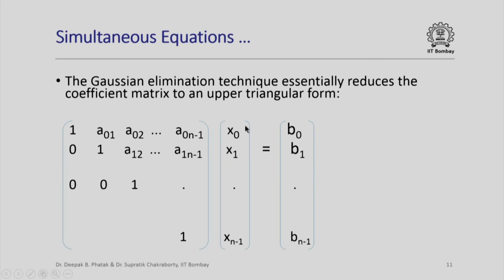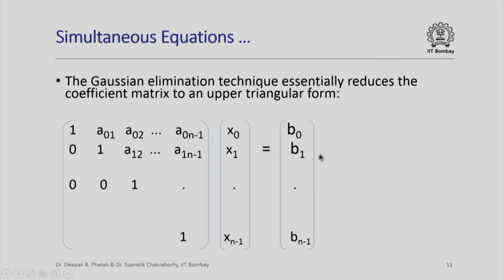The Gaussian elimination technique will essentially reduce the coefficient matrix to an upper triangular form. That means we will have 1, 1, 1, 1 on the diagonal, we will have all zeros in the left bottom corner, and we will have non-zero numerical values which will represent the modified system of equations, which represents the same system anyway, because we would be following the rules which are prescribed.